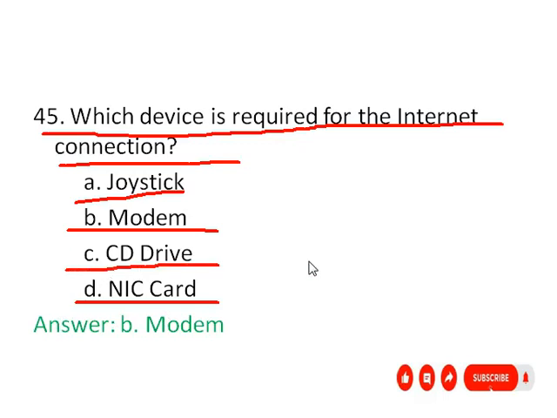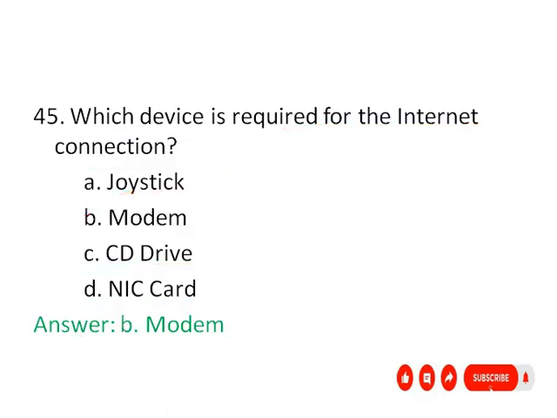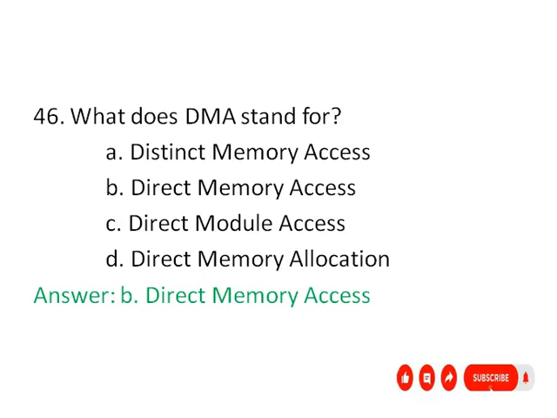For internet connection, we need modem. So here correct option is option B, modem. Our next question is, what does DMA stand for?